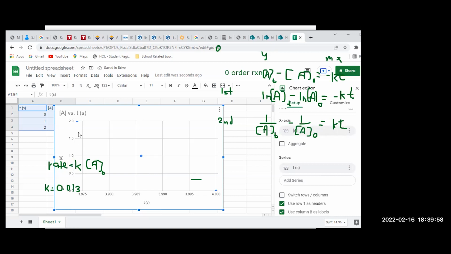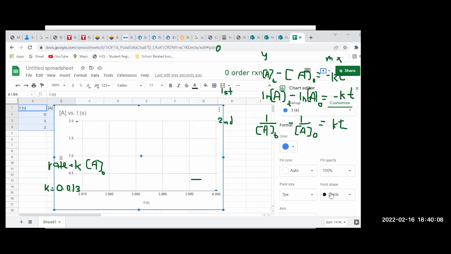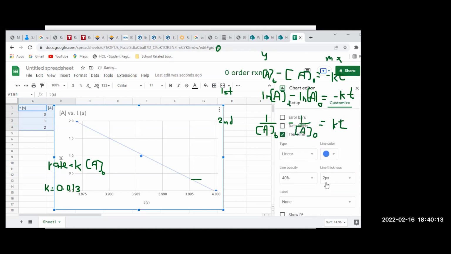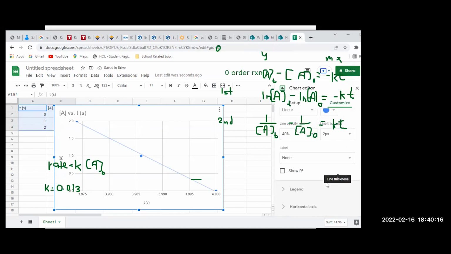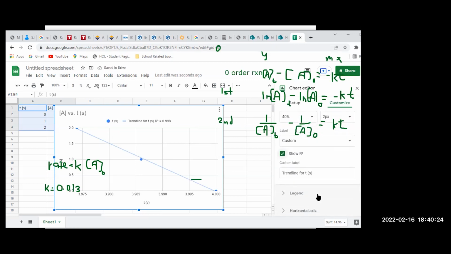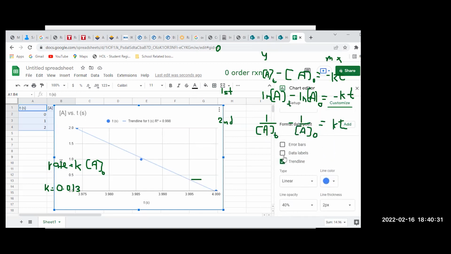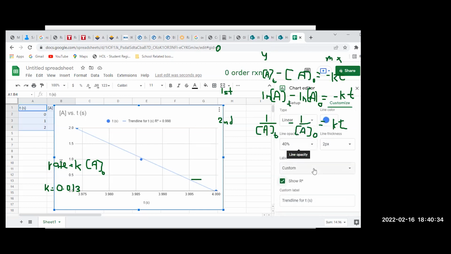And then if you want the trend line, go to customize. Click series. And scroll down till you see trend lines. The thing I don't know is how to make it show the equation. Not the label. Hold on.